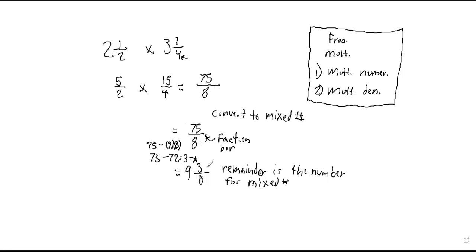Now, where did we get that product from? The 8 is the denominator here, and 9 is the whole number part. So we said 8 times 9, that gave us 72. We subtract that from the original numerator of 75 here. I'll draw a little arrow so you can see where that came from. And then we have the fractional part of our mixed number. So now we go back and we look at our answer list, and sure enough, there it is, 9 3/8. That's our answer.